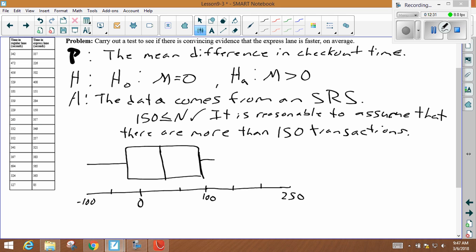And obviously this is much easier to do when you have the box plot in front of you, right? I'm having to real quick memorize what's what. All right, so the graph shows no obvious skewness or outliers.